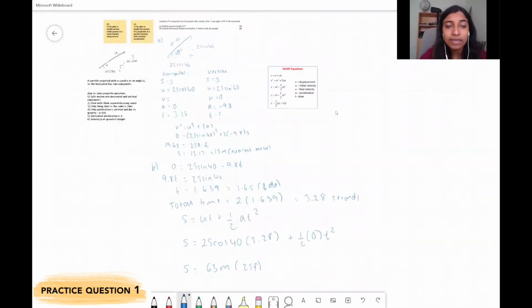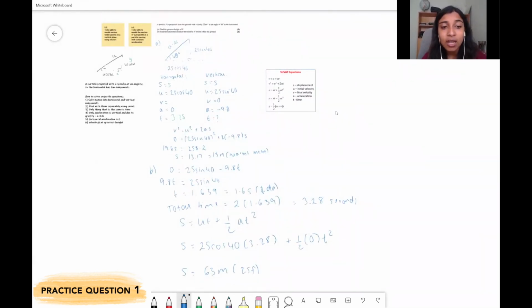So the reason behind everything which we did is, because we didn't have enough information with our horizontal components to actually solve anything using our SUVAT equations, we went back to our vertical components and saw if we could find another value. So we had 4 values, so we could find our time t, and that was our time t for it to get to its greatest height.